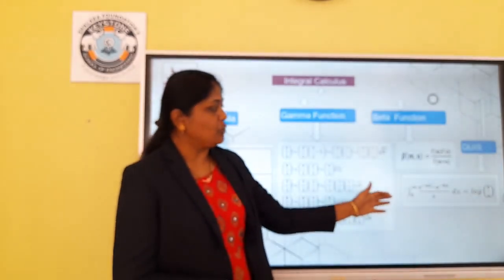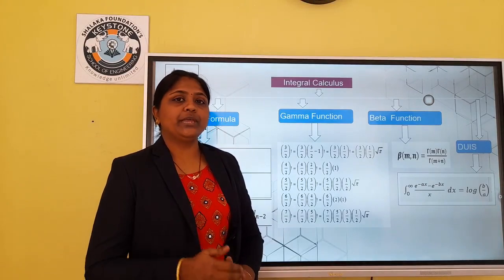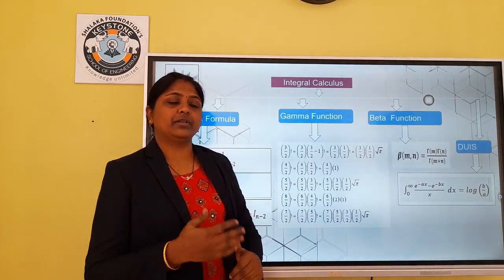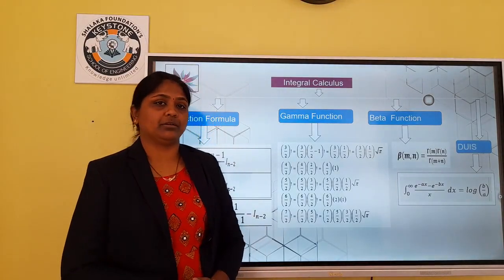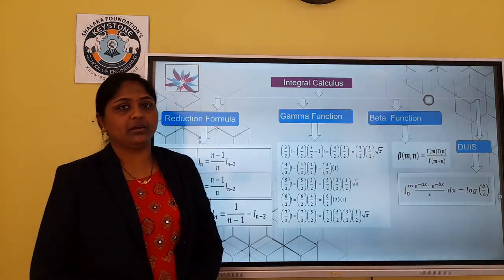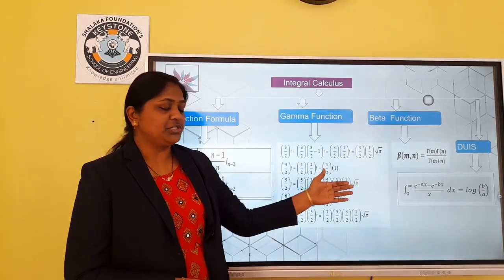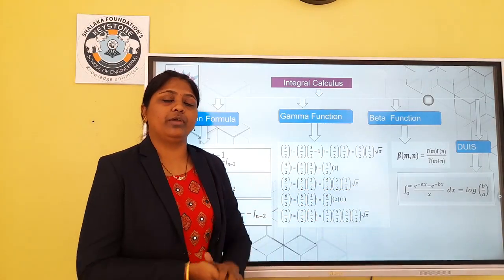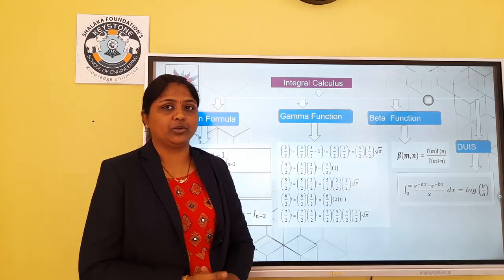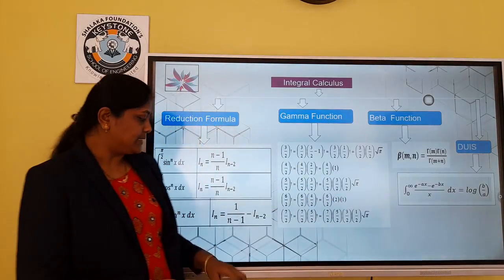So I will use the concept of differentiation under the integral sign. What we do here is take the differentiation with respect to a parameter. There are two parameters, a and b. By using the parameter a and b, you can differentiate, and then again we take the integration with respect to the parameter, right? So this is the DUIS.